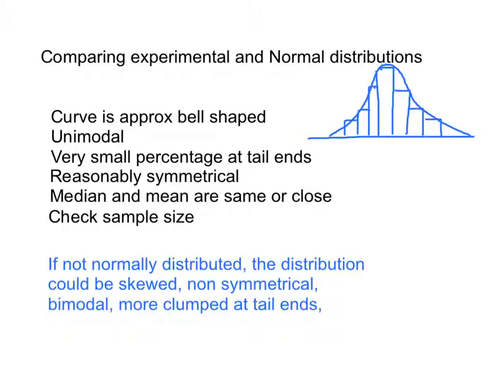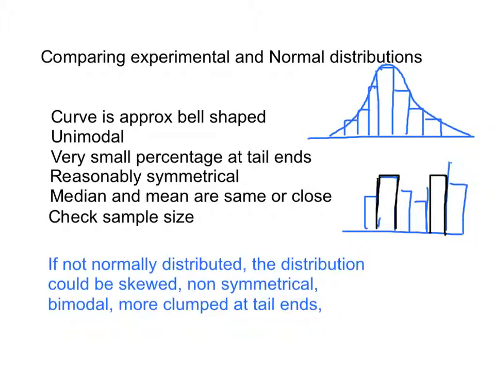That means it's unimodal. If I had two that were the same height, and then I had one going down like that, these two, I have two that are the same here, and so this would be bimodal.